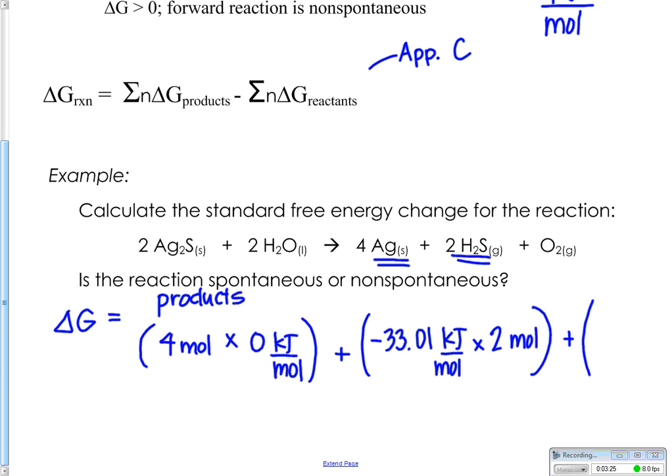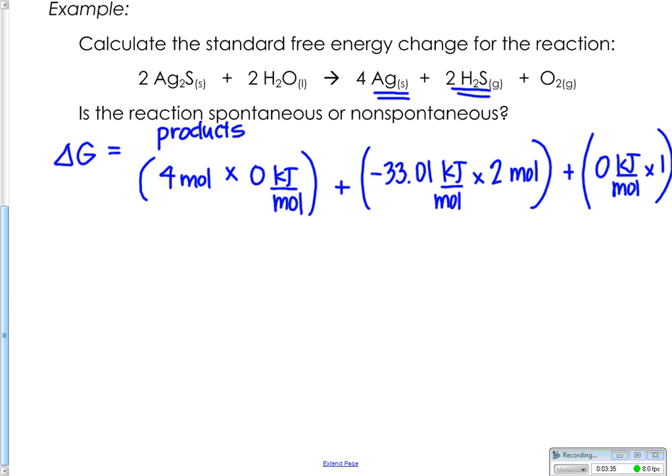Again, gas at standard state would have a value of 0 kilojoules per mole. And I'm going to multiply by the 1 mole. So the bottom line is, for the products, I get a total of negative 66.2 kilojoules. That's my delta G for my products.